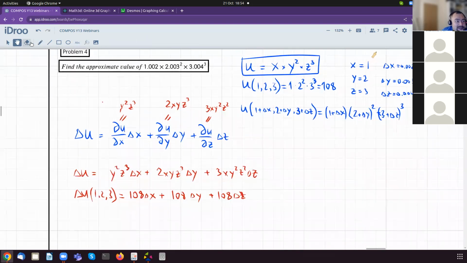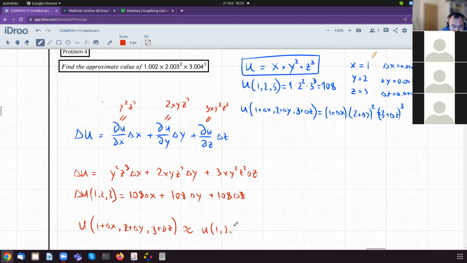So in other words, u of 1 plus delta x, 2 plus delta y, 3 plus delta z can be approximated by u of 1, 2, and 3 plus delta u.